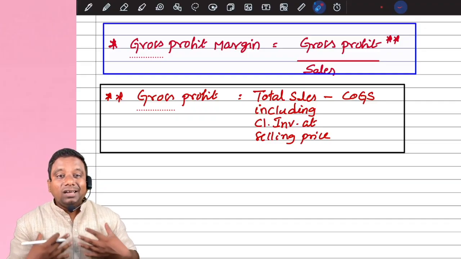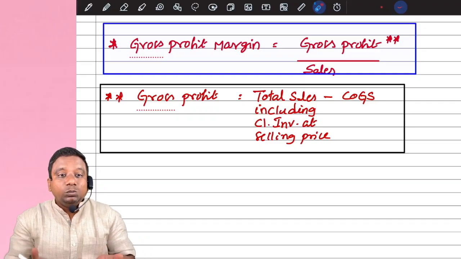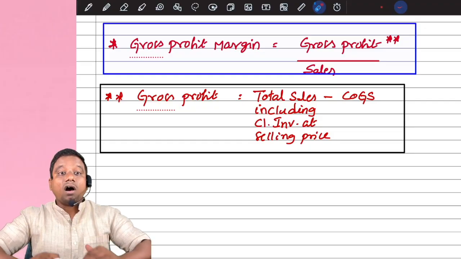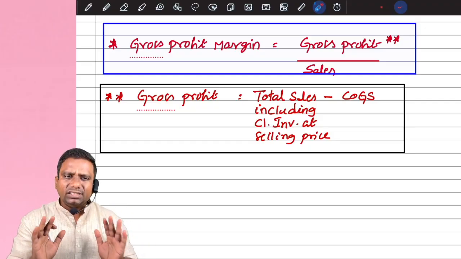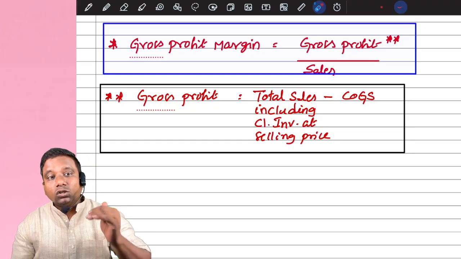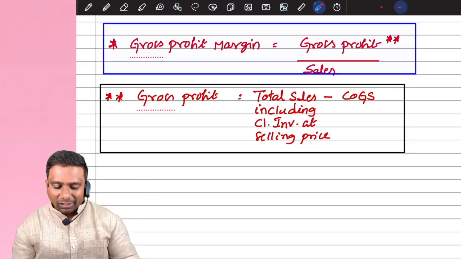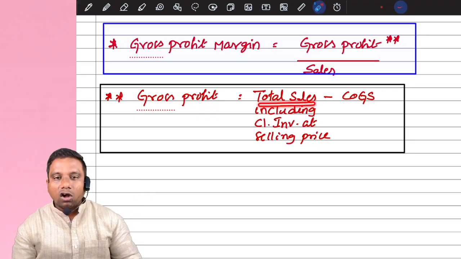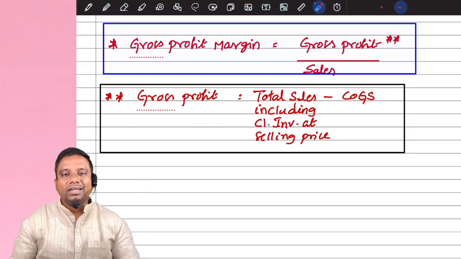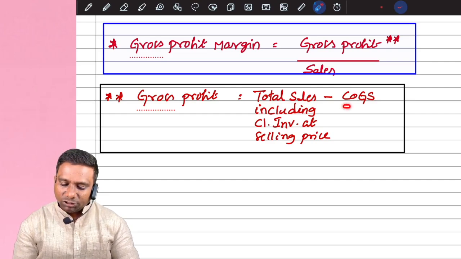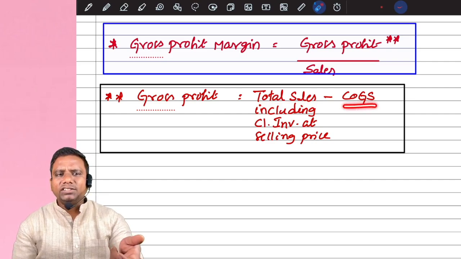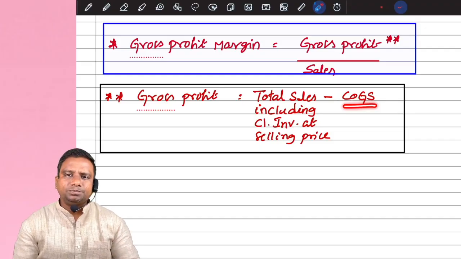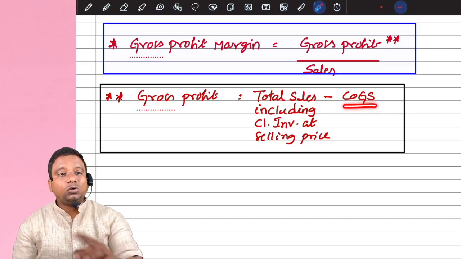Now, in that case, we assume, it is just an assumption, that the closing stock also sold. In that case, the total sales comes after adding closing stock at selling price, minus COGS. COGS is nothing but opening stock plus purchases. Here closing stock is 0 now.